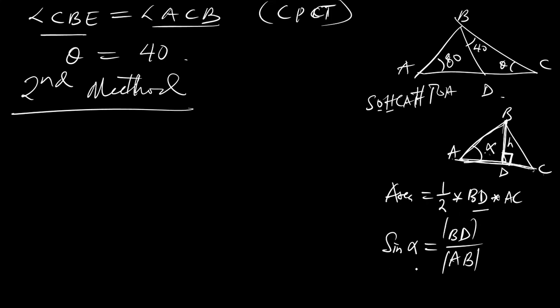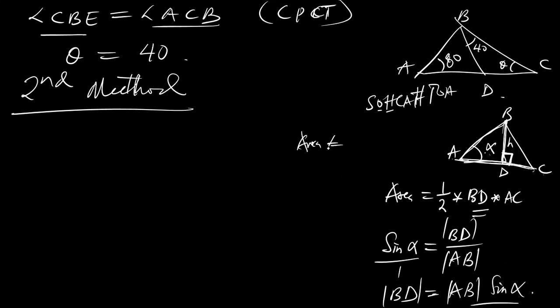So that means if you cross multiply, BD will now be equal to AB sine alpha. Now, if you substitute this BD into here, you have the area of the triangle equal to half AB times AC sine alpha.